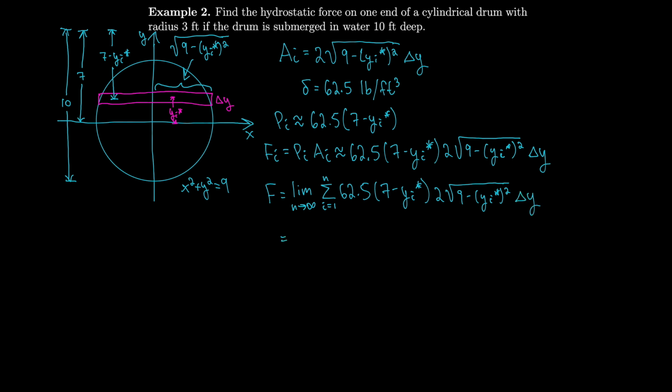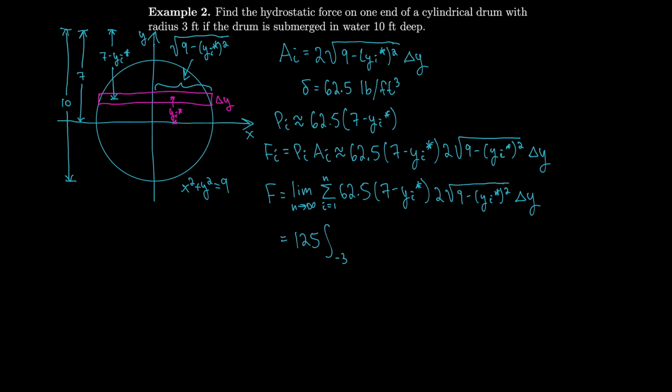And that becomes an integral. I'm going to take 62.5 times 2 and pull out, so 125. And then I've got the integral. Well, I only want to integrate over the drum. So the drum goes from here to here. So if I think about the origin over here, then that means it's going from minus 3 to 3.